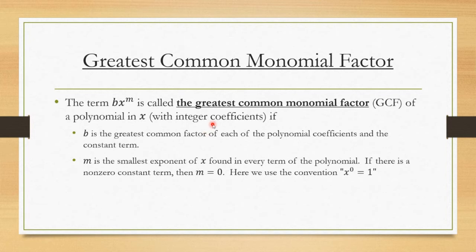The greatest common monomial factor, bx^m, is by definition also denoted the GCF of a polynomial in x. It is the GCF if b is the greatest common factor of the polynomial coefficients, including the constant term.